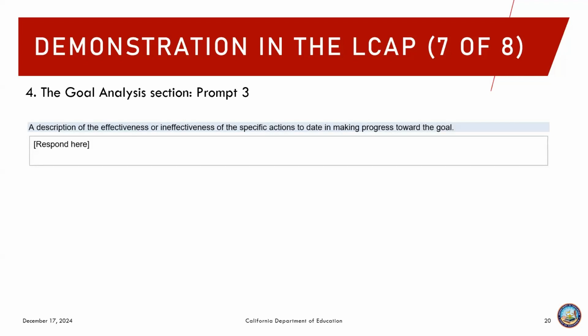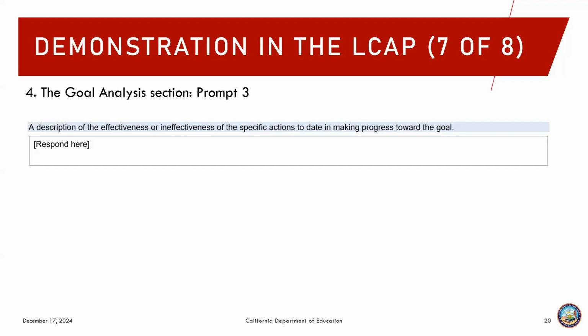So it's also possible to identify that a particular action has not been effective based on the data that we currently have. And we might make some small adjustments to implementation or things like that. We don't have to change the action at this point in time.